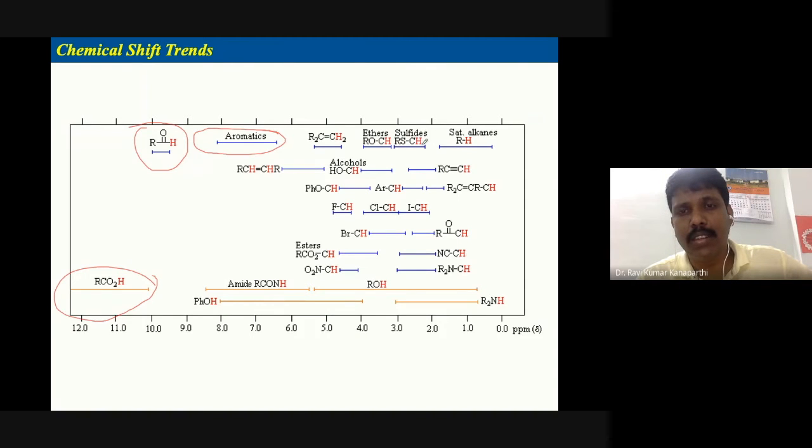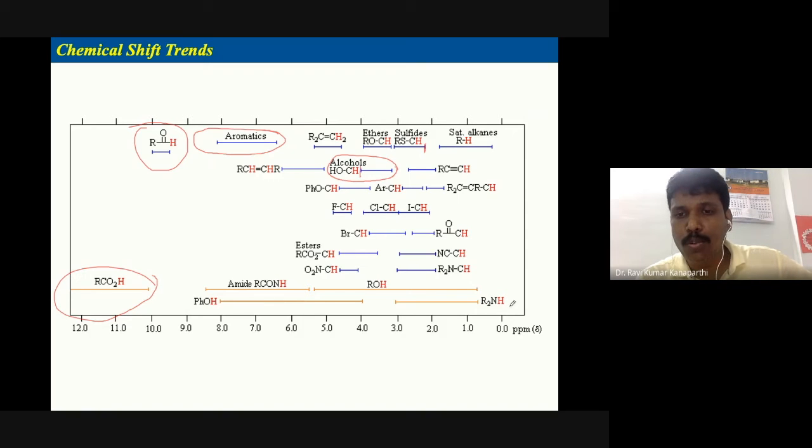The methyl protons adjacent to sulfides you can find somewhere in this region, roughly about 2.3 to 3.2. So what about alcohols? The alcohol region is given here. This range is 3.3 to 4.